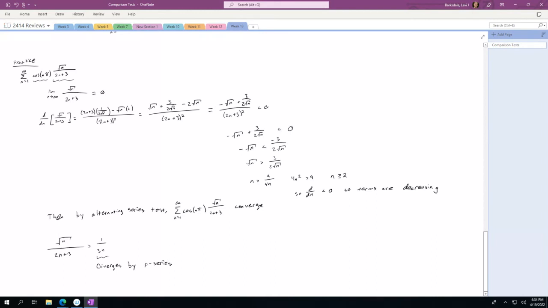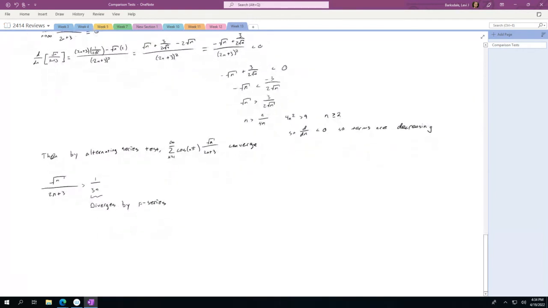So then this sum, which is the absolute value of our original series, would diverge. So we have that the absolute value of cosine n pi times root n over 2n plus 3 diverges. Then we have that our overall series would converge conditionally because the alternating form converges, but the absolute value diverges.